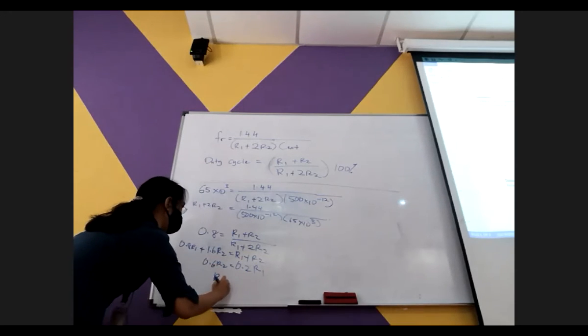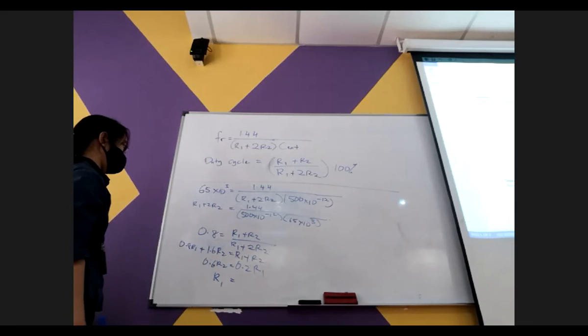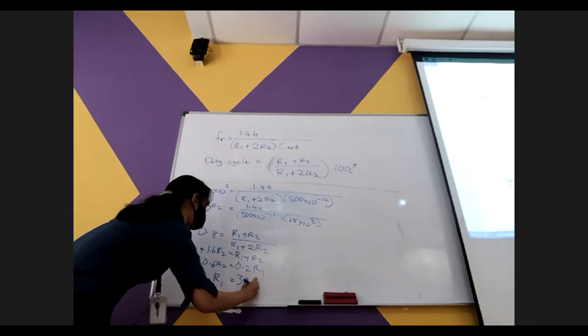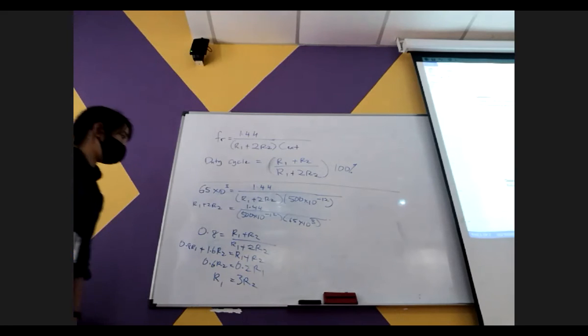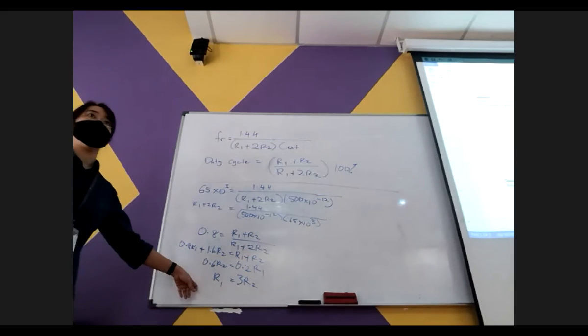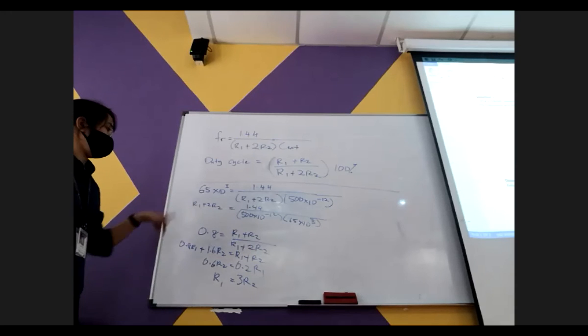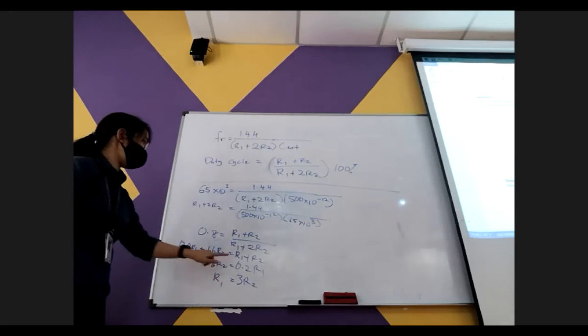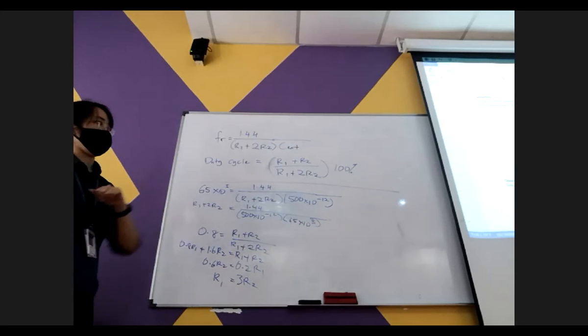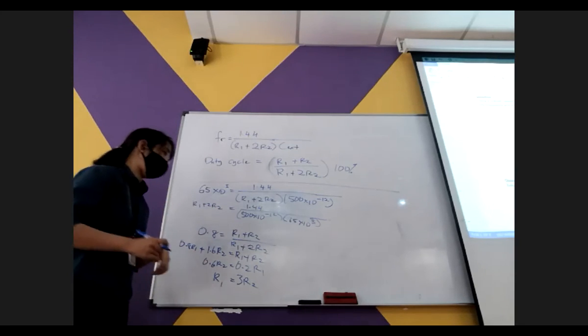Means R1 equals 3 R2. Good? Yes. So then substitute this into here to get either R1 or R2. Substitute R1 inside here to get R2, then you get the R2 value, and after that you get the R1 value.